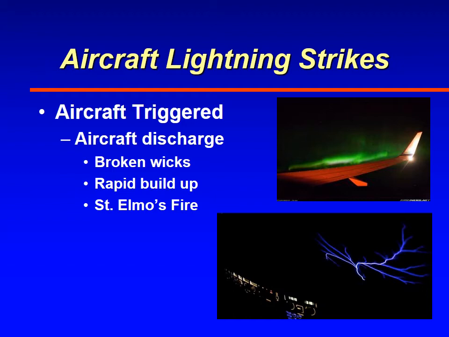One way it does that is by slowly discharging from pointed objects on the airplane. And that is what is St. Elmo's fire. St. Elmo's fire is a glow around the airplane at pointed objects, whether it be propeller tips, the nose of the airplane, wing tips, or the tail. You start to see a glow. And that's where the charge is leaving and exciting the molecules of air to the point where the air starts to glow.